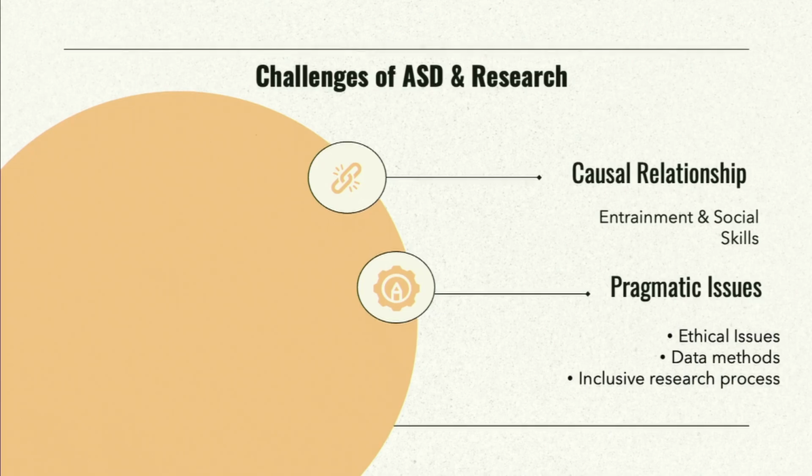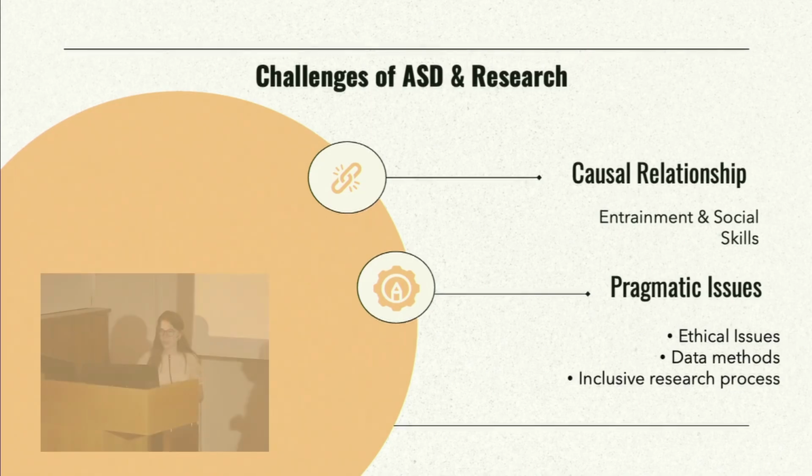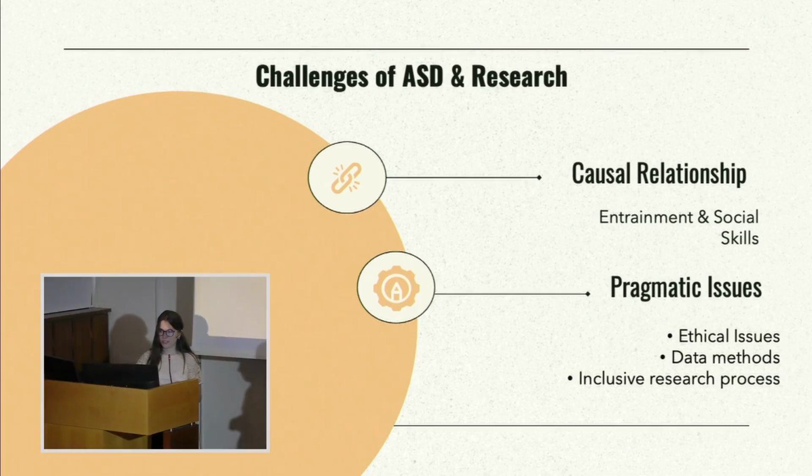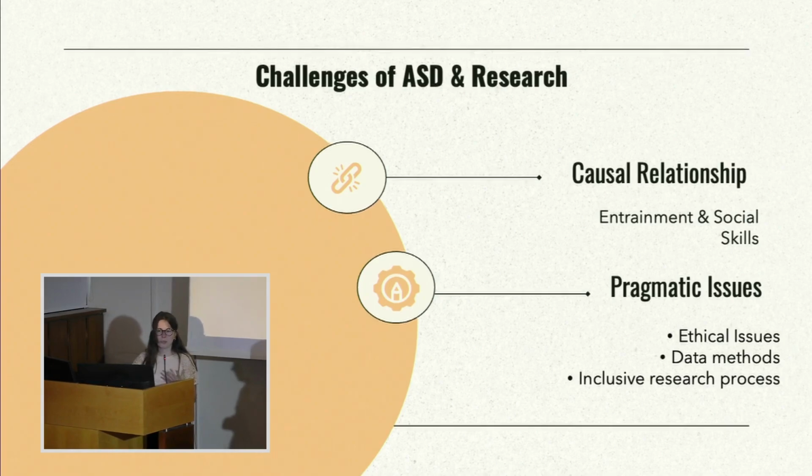Another quite important question is how to best establish and investigate a causal relationship of entrainment and social skills with people with ASD. And then we also encounter pragmatic issues, as in many other research, with ethical issues, which is specifically important when talking about people with disabilities, and what does consent mean for them, and how to make sure that we have their consent.